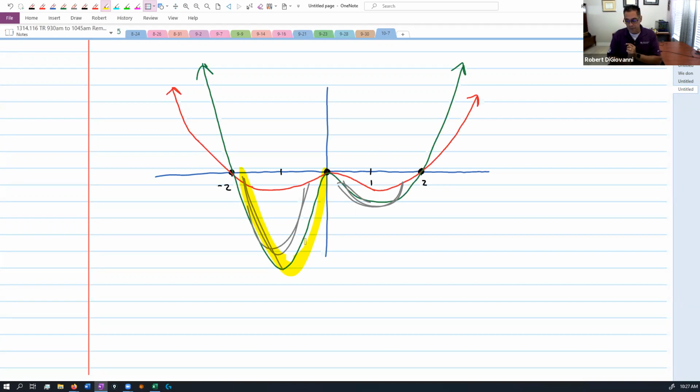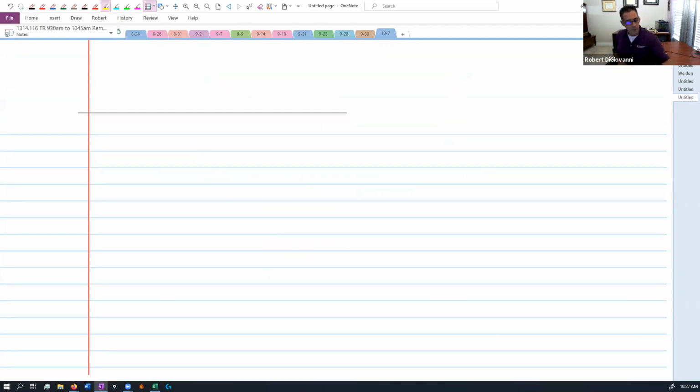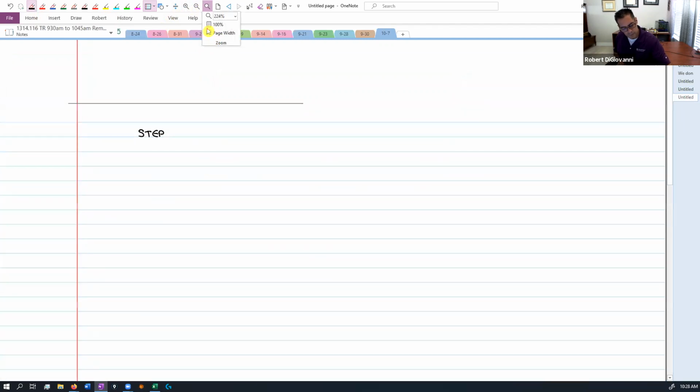Okay. So let me put the steps down and then let's do one from start to finish. Okay, here we go. Steps to sketch a polynomial function.